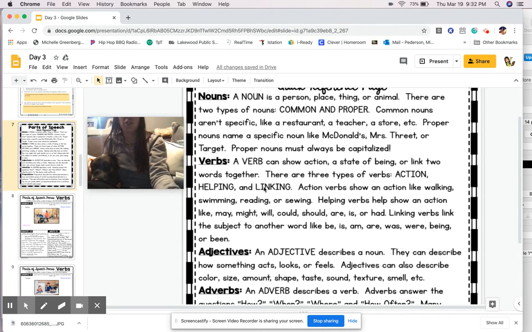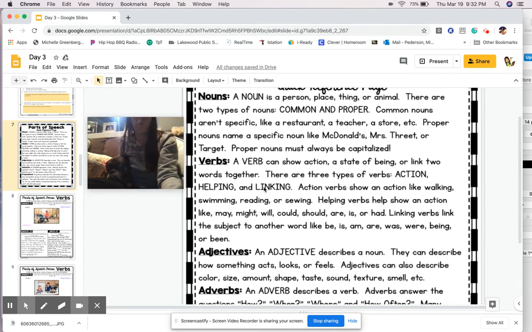Action verbs show an action like walking, swimming, reading, or sewing. Helping verbs help show an action like may, might, will, could, should, are, is, or had. Linking verbs link the subject to another word like be, is, am, are, was, were, being, or been.